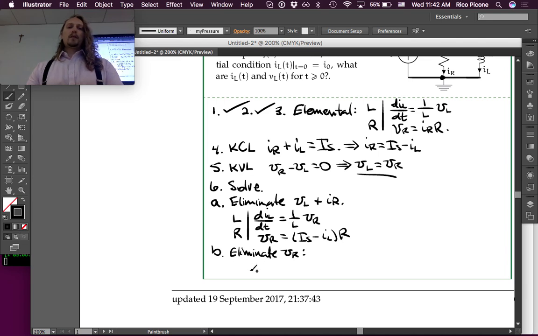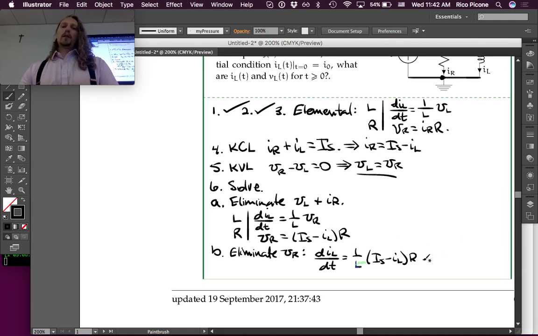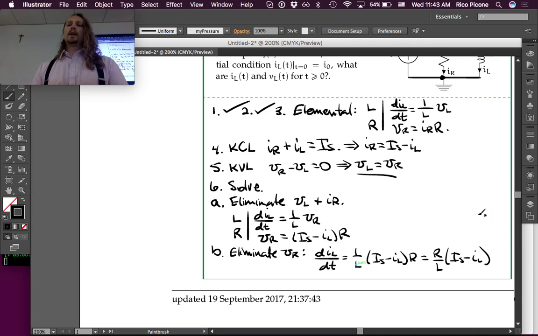And we do that with, okay, dIL/dt equals 1 over L times (IS minus IL) times R. Bring the R out front, and that gives us R over L times (IS minus IL). This is starting to look familiar, I bet. Kind of like some of the other problems we did.